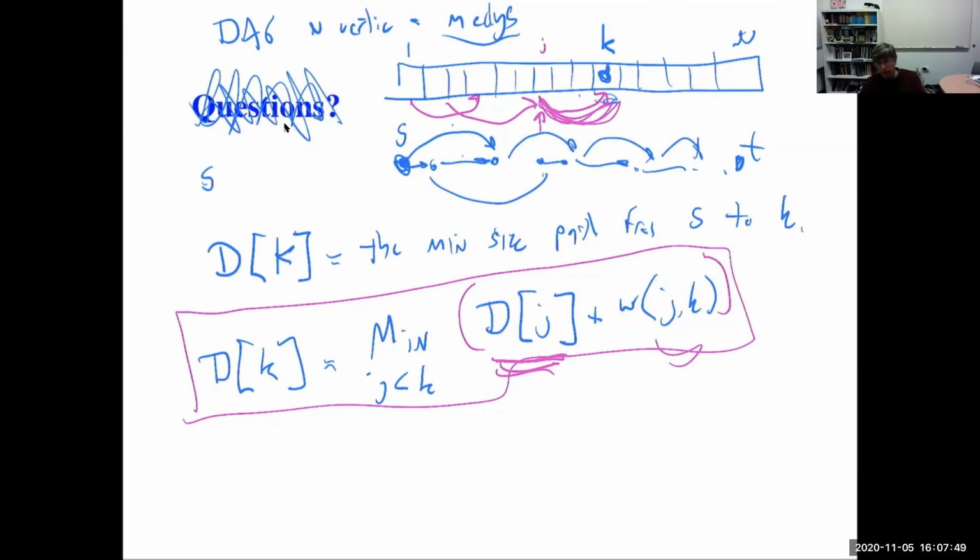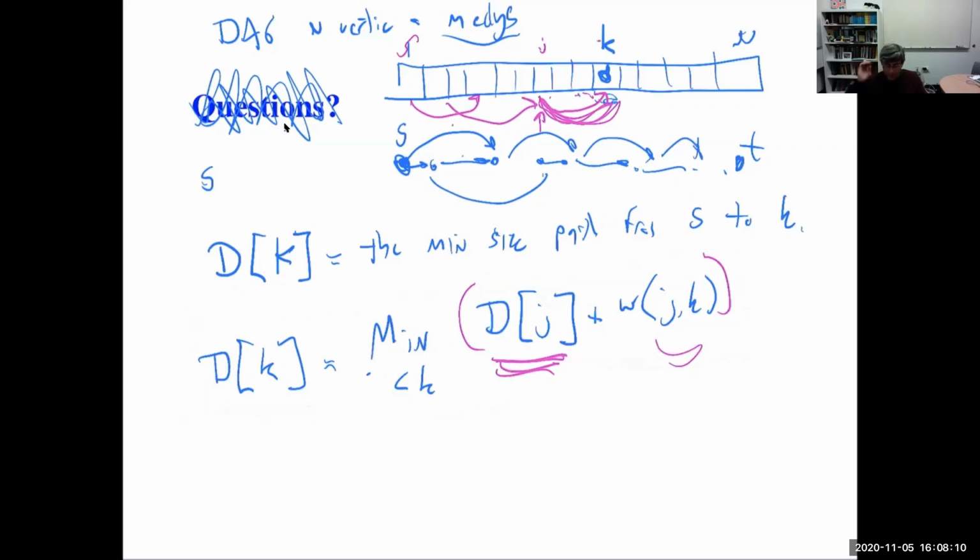Because we know that the shortest path from S to K is going to have a last edge. That last edge is going to come from some vertex J that appears before K, because this is a DAG. How do we know which is the best vertex? The best vertex is the one that minimizes that expression.